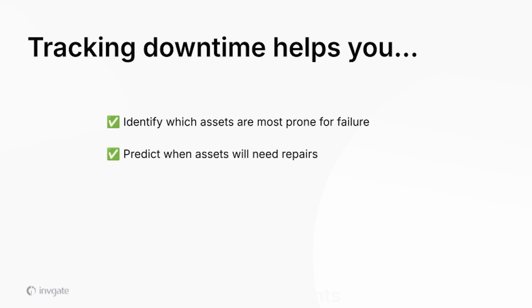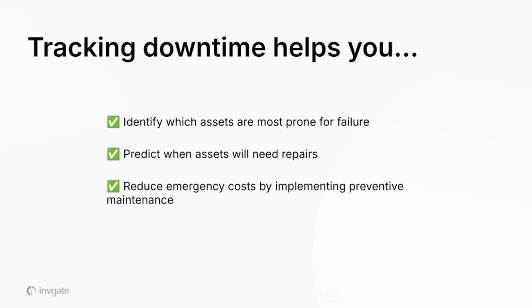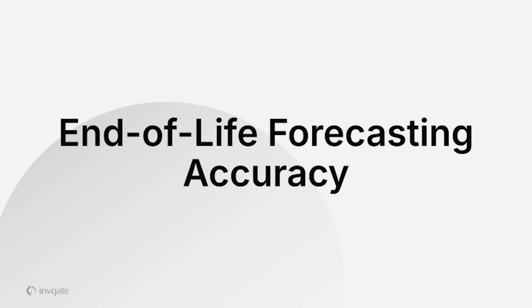Tracking downtime helps you identify which assets are most prone to failure and need replacement, predict when assets will need repairs instead of reacting to breakdowns, and reduce emergency costs by implementing preventive maintenance. Some companies don't track downtime at all, which means they have no idea how much money they're losing due to IT failures.